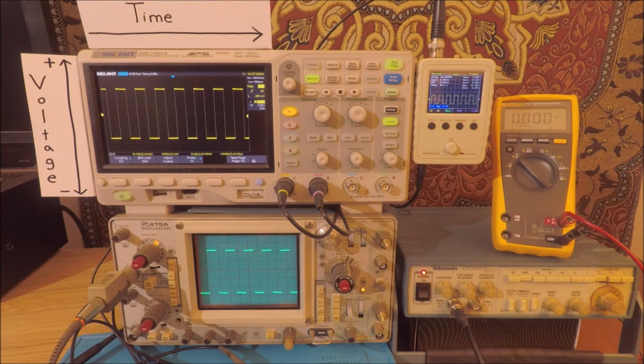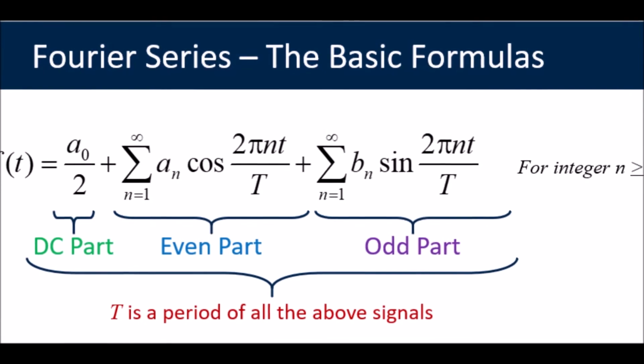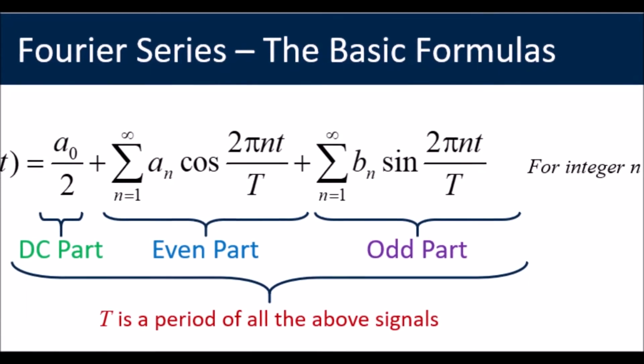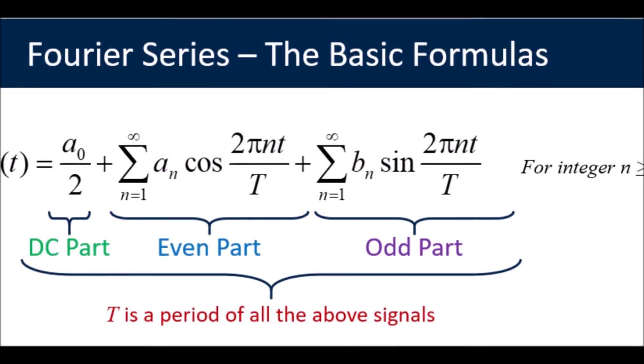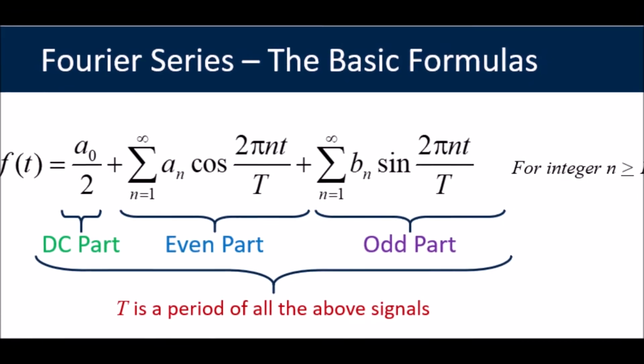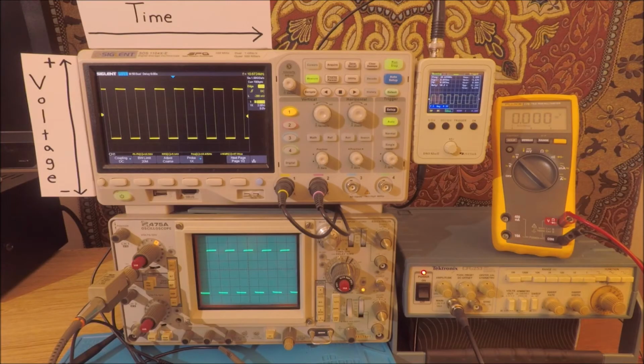If you're familiar with Fourier analysis, we could write a truncated Fourier series that would start at a fundamental frequency, which would be equal to, in this case, 10 kilohertz, and then all the higher order even and odd harmonics generated to create this signal from continuous signals that are sinusoidal in nature.